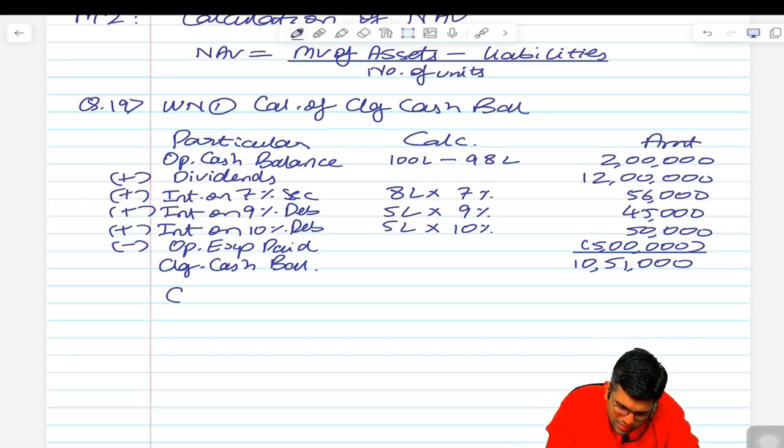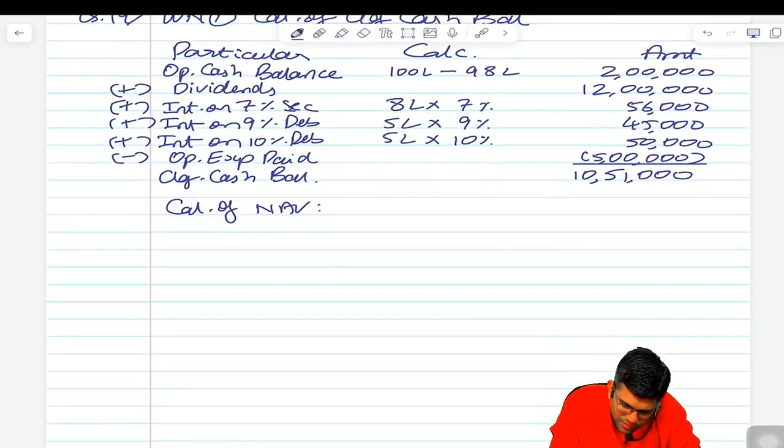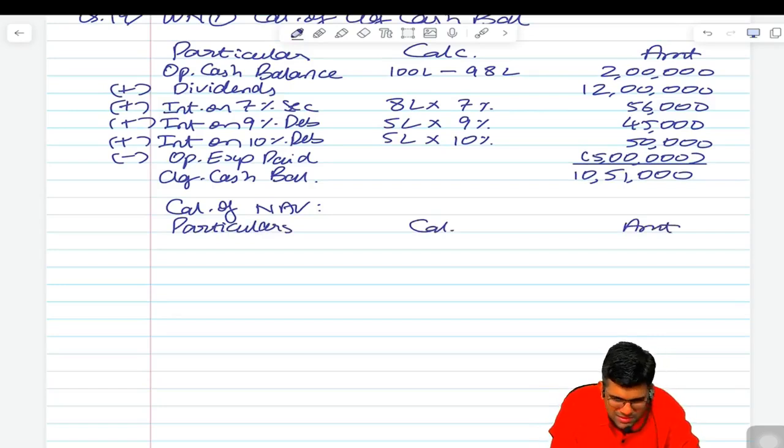So I'll write here calculation of NAV, and in that, if you remember, we will do particulars, calculation, amount. Now students, please listen carefully. If I want to calculate NAV, I will have to consider the market value of the shares I own.